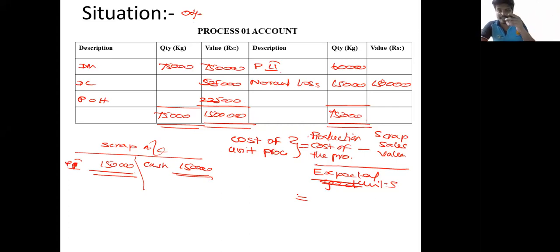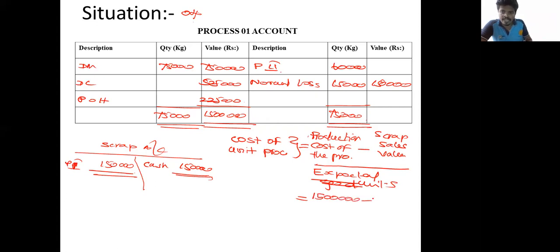Here the basic assumption is that the income which we earn through scrap selling is used to cover the cost of this process. So here production cost is 1.5 million.